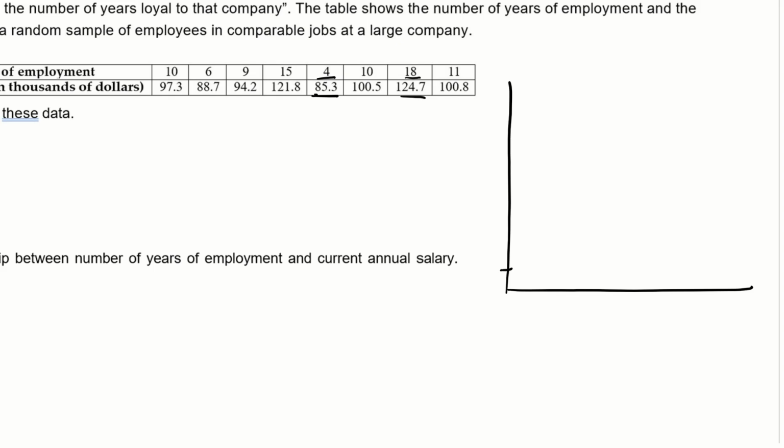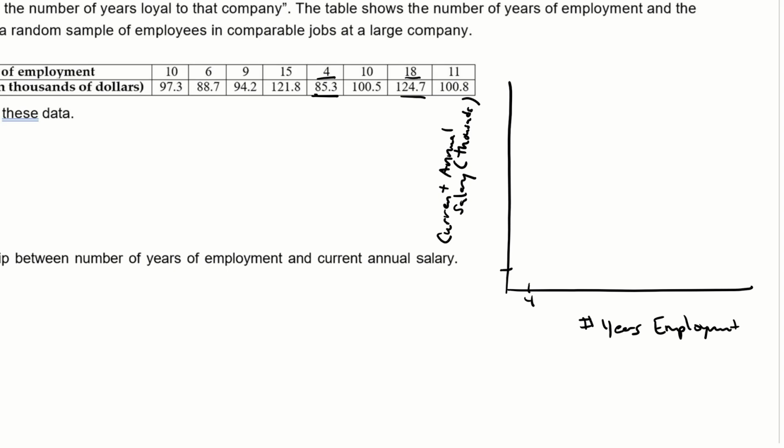So here, this is going to be current annual salary in thousands. And we have number of years of employment.